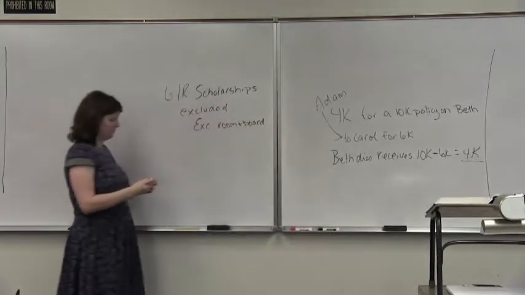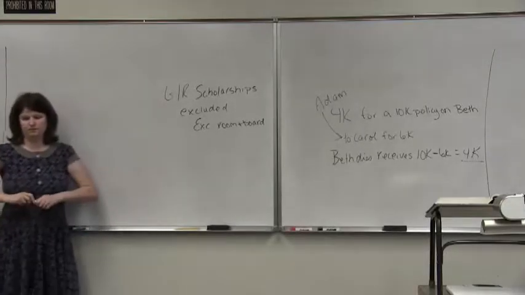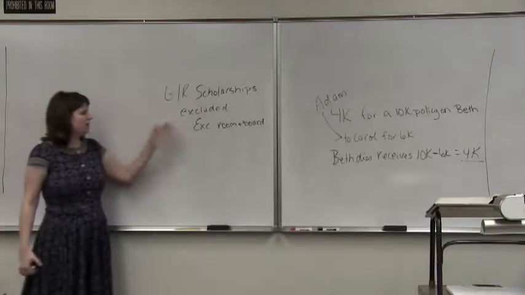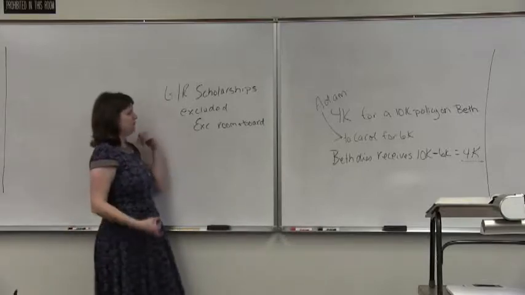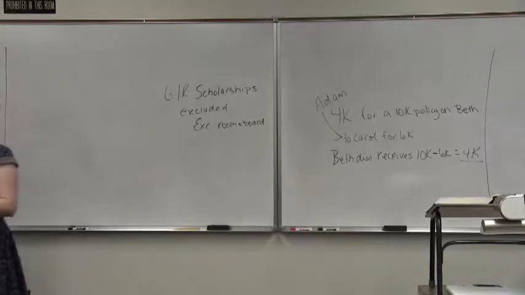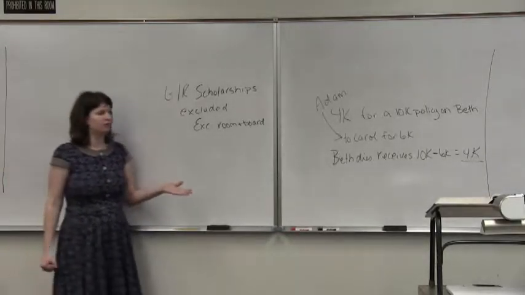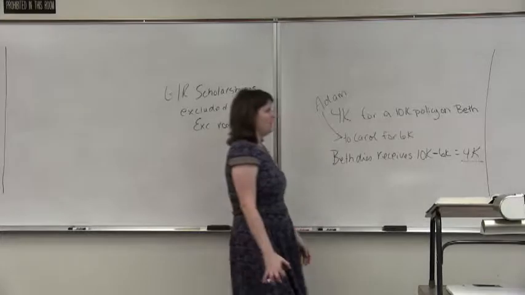If the scholarship is used to pay room and board, it is included in income. Okay? So, to the extent it's used for tuition, fees, books, supplies, equipment, no problem, all that's fine, it's excluded from income. But if it is for room and board, it is taxable.